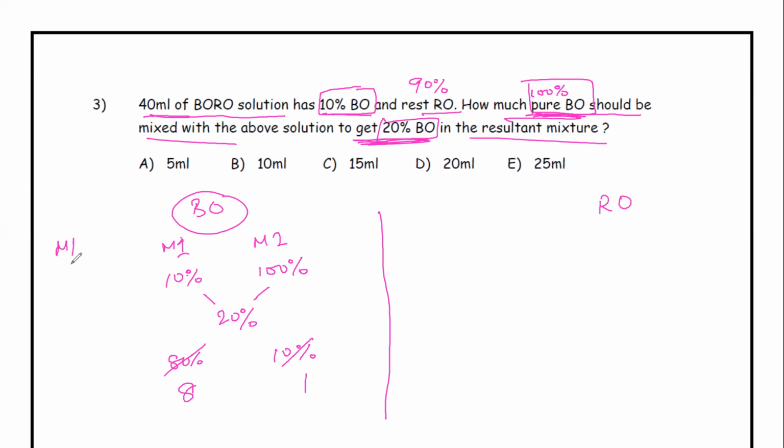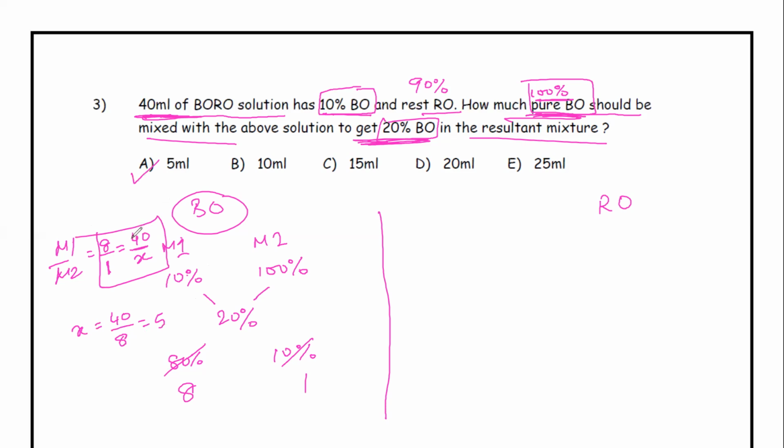Mixture 2 is 100% pure Bo. If 8 corresponds to 40 ml, because mixture 1 is 40 ml, then this 1 corresponds to x ml. So x is equal to 40 by 8, which is 5. So how much pure Bo is added? 5 ml. You get your answer.